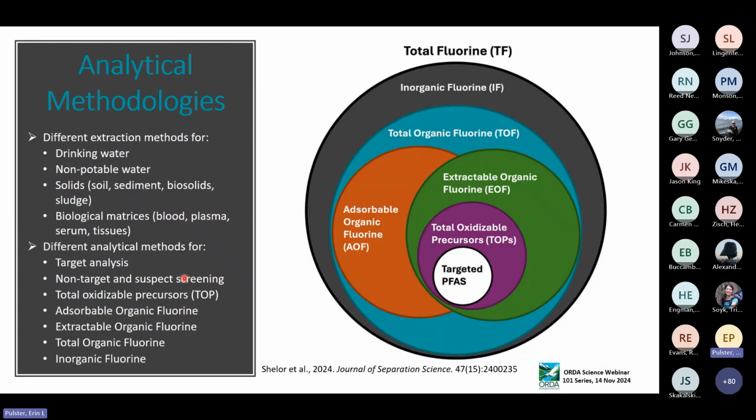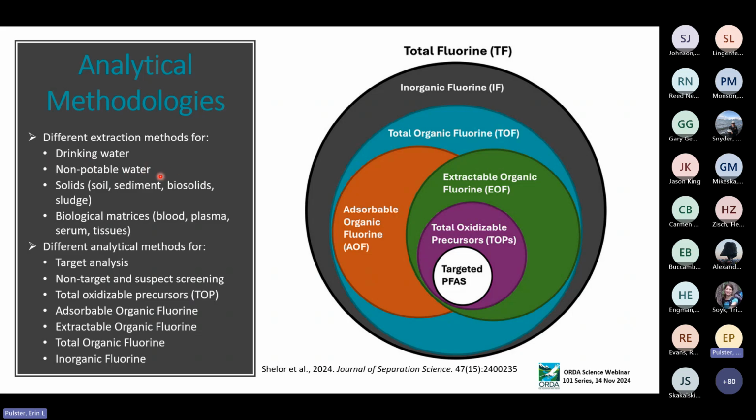Analytical methodologies. So this is advancing rather rapidly. Most people are looking at the targeted PFAS. Let me back up. There are different extraction methods for the different matrices: drinking water, non-potable water, solids, biological matrices, plant tissues, etc. EPA 1633 is for the non-potable water.